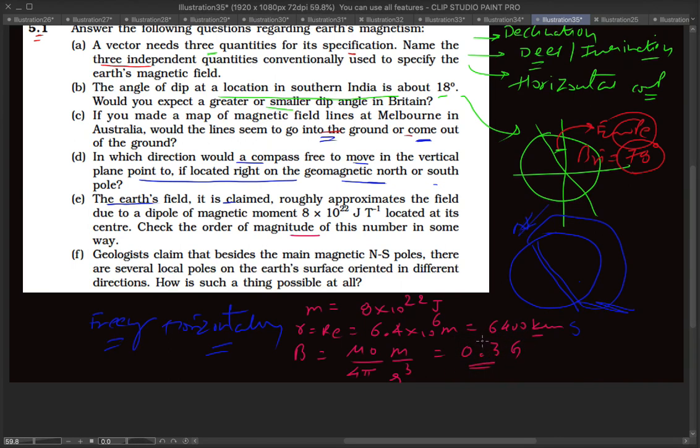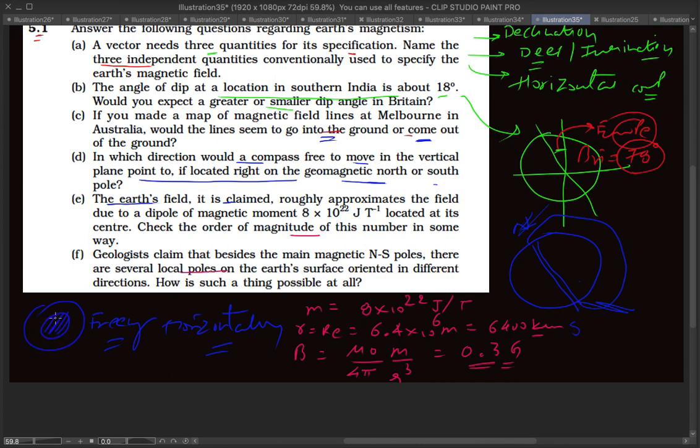So it is validating the fact that for the magnetic field of our Earth, if your dipole moment is 8 x 10^22 joule per tesla, then the magnetic field is near 0.3 Gauss. Our geologists claim that besides the main magnetic N and S poles, there are several local poles. As we have discussed, the Earth's crust is indirectly responsible for the magnetic field of the Earth.